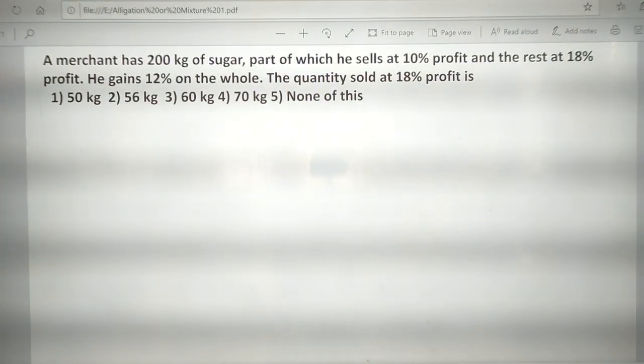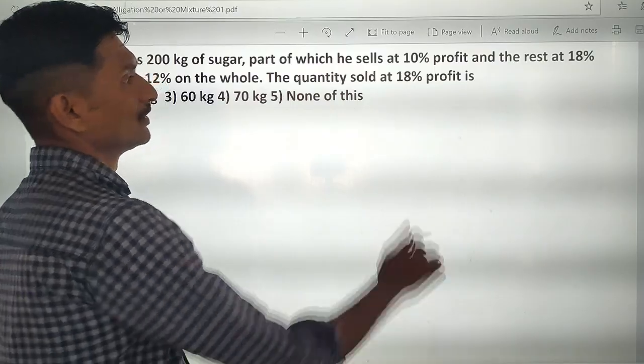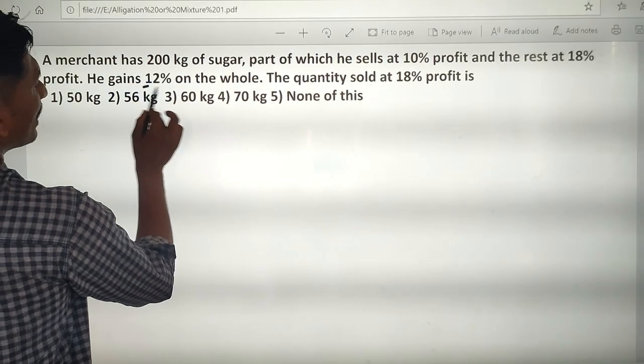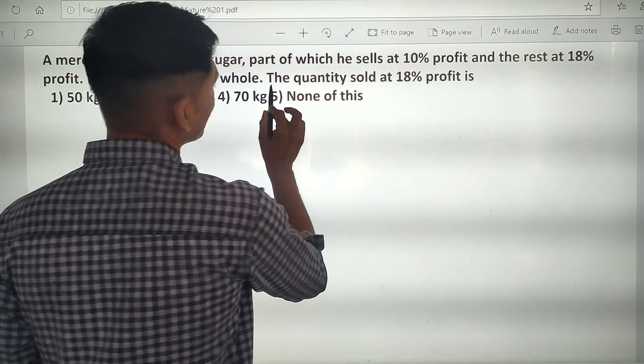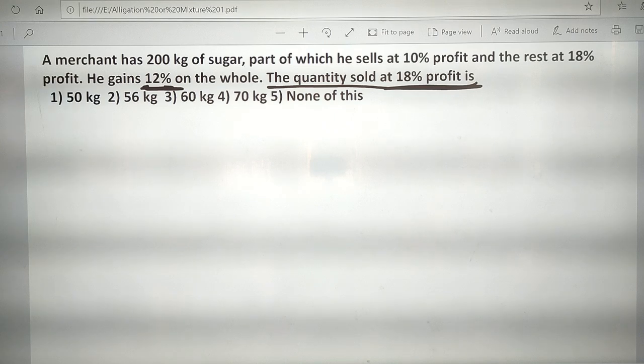Here, a merchant has 20 kg of sugar, part of which he sells at 10% profit and the rest at 18% profit. He gains 12% on the whole. Find the quantity sold at 18% profit.